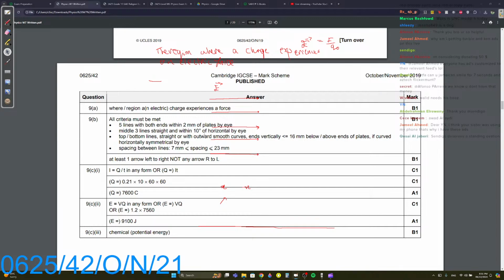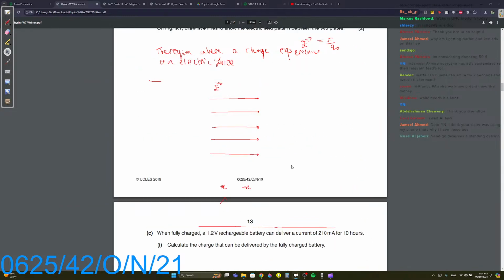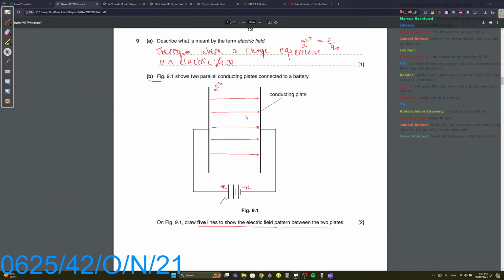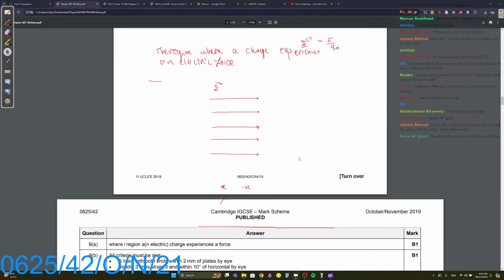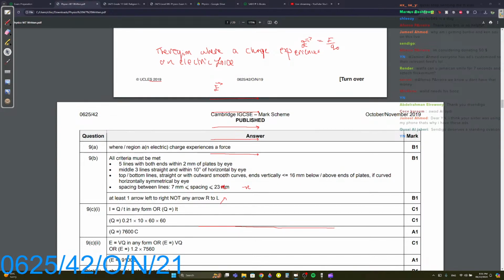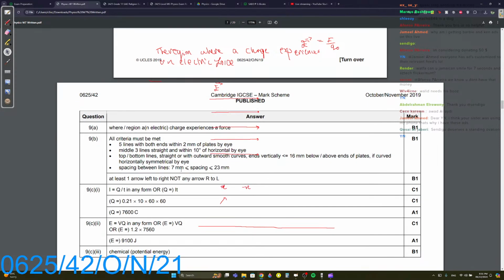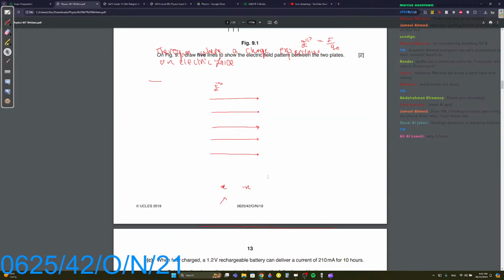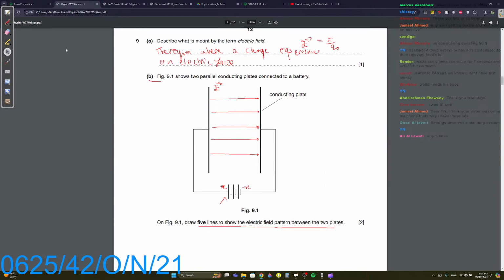Middle 3 lines straight and within 10 degrees of horizontal by eye. So the middle 3 have to be straight. Then they said the top and bottom lines can be straight, but some people draw them with curves. But I prefer to keep it straight. The spacing between lines has to be in between 7 and 23 millimeters. I think this is just don't make them too far.